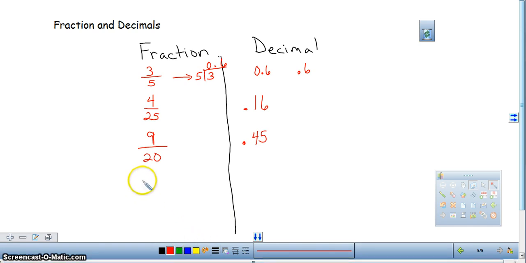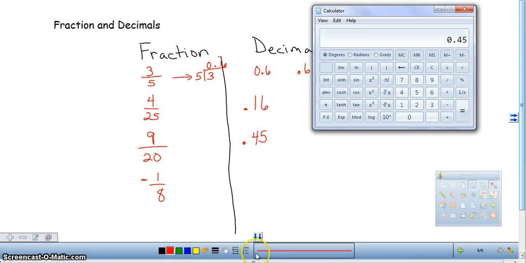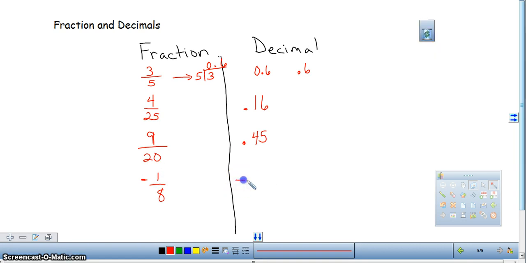Okay, how about if I have negative 1 over 8? So that's the same. I take 1 divided by 8, and I get 0.125, but it's negative, so I'm going to make my answer negative 0.125, or you can just have negative 0.125.